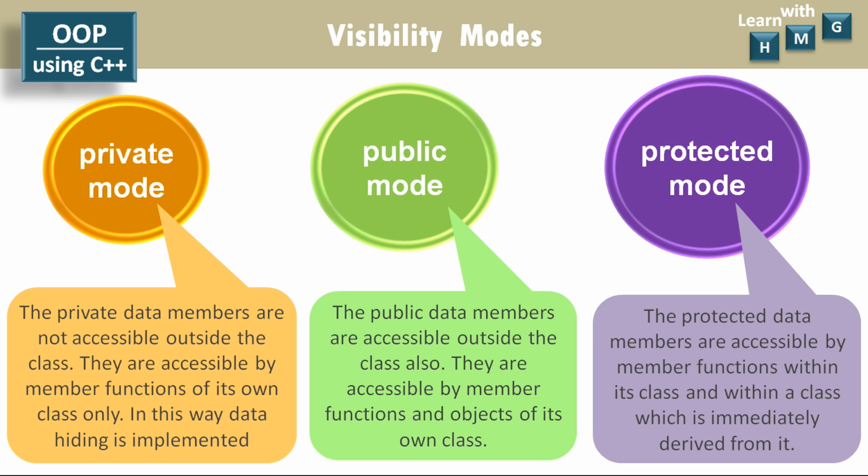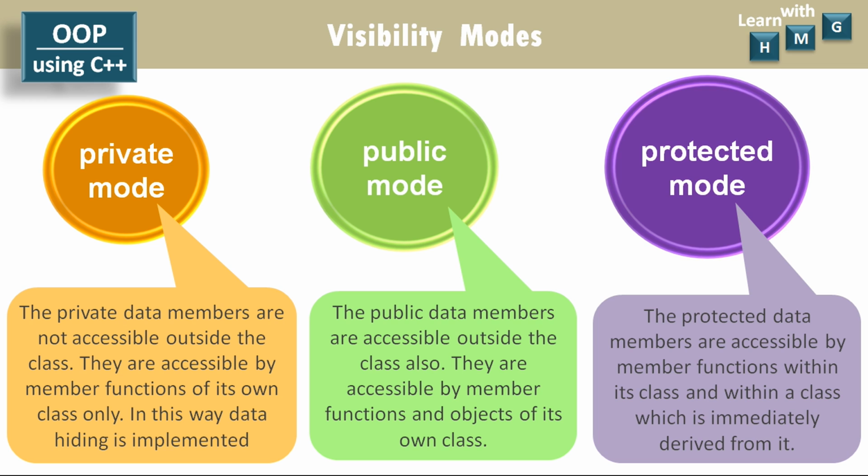The data members of a base class are sometimes required to be accessed in its derived class, and you know that private data members are not accessible outside the class, meaning they are not accessible even in its derived class.